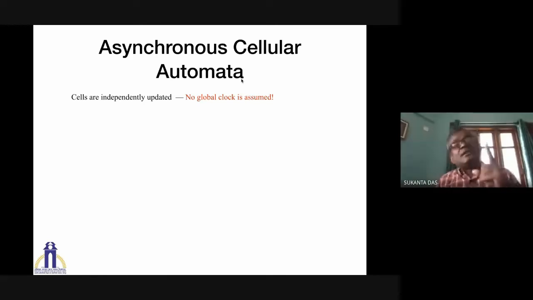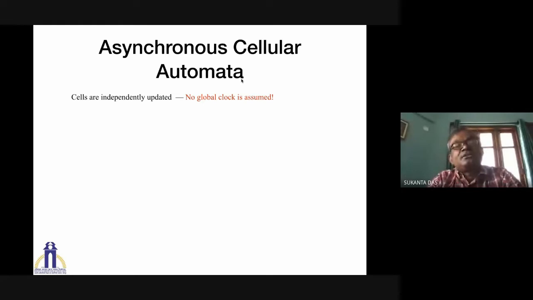The cells are forced to get updated simultaneously. In asynchronous cellular automata, as I've said, we want to relax that constraint, the synchronicity constraint, the uniform update constraint. We allow the independent update of the cells of the cellular automata.